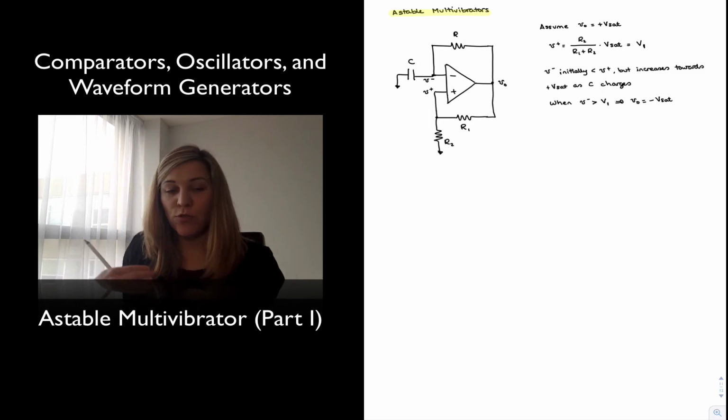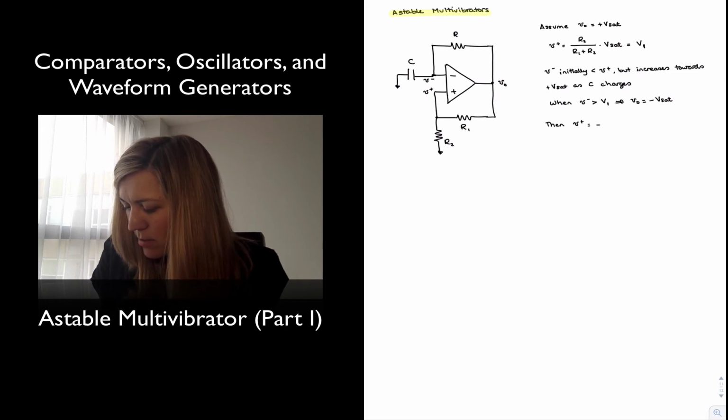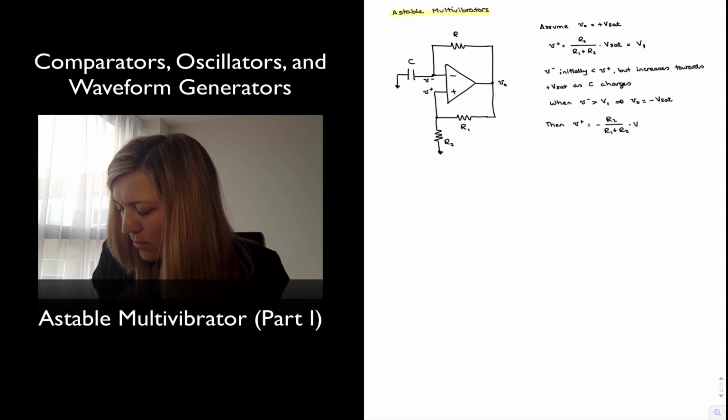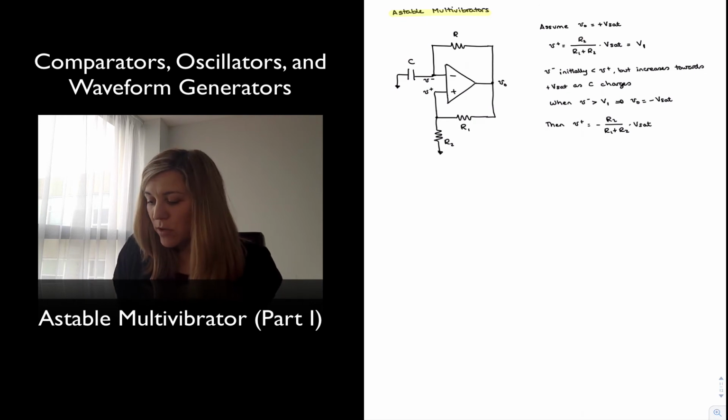Now, as Vout goes to the negative saturation voltage, V plus now becomes negative R2 divided by R1 plus R2 times Vsat, because again, it's the result of voltage division.